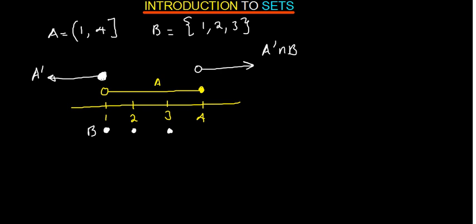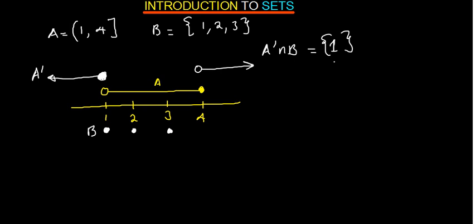And then you have got the element 1. You can see that 1 is in A complement. So the complement of A intersection B is just going to be 1. And since it's just an element, you use curly brackets. That is how you get to represent that.